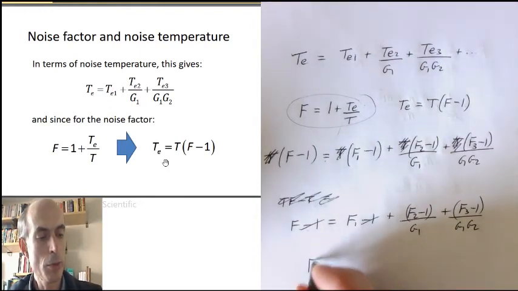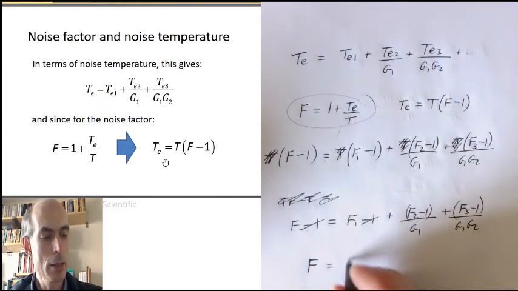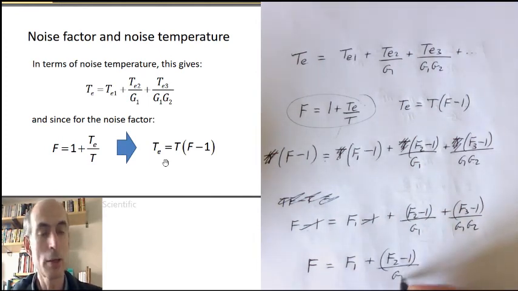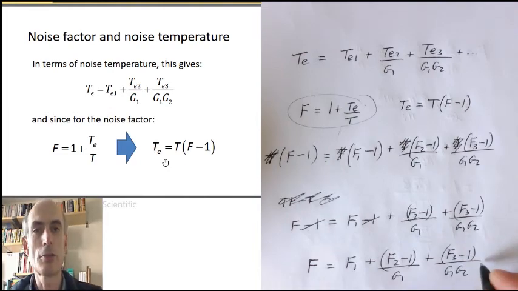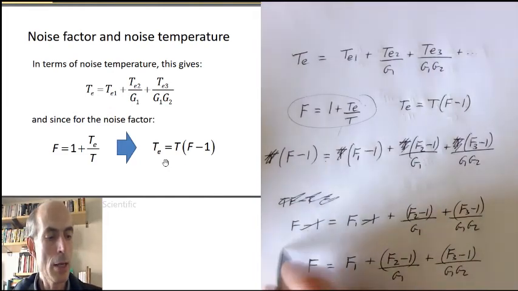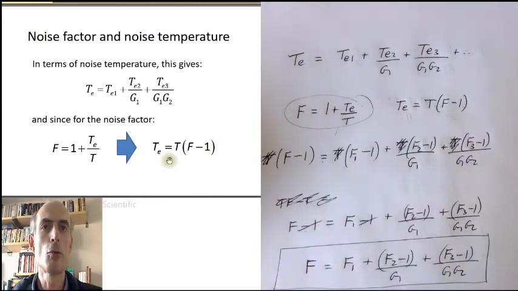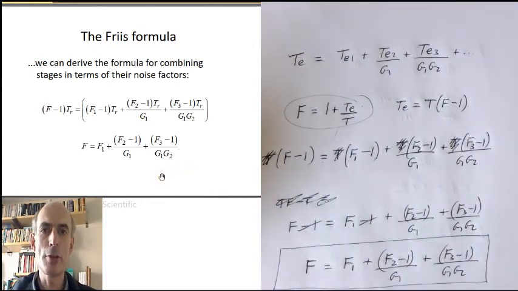We end up with the total noise factor of a multiple stage amplifier is the noise factor of the first stage plus the noise factor of the second stage minus 1 divided by the gain of the first stage plus the noise factor of the third stage minus 1 divided by the product of the gains of the first two stages. And that is Friis's formula for noise factors, named after the Danish engineer Harald Friis.